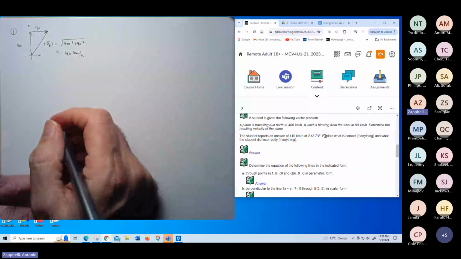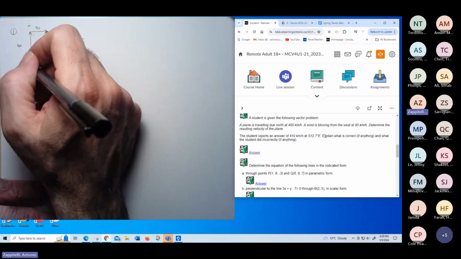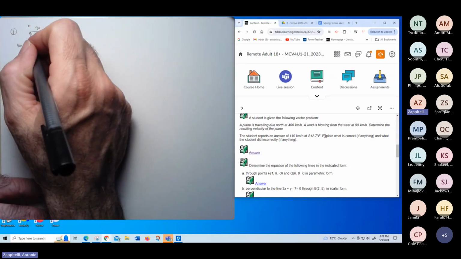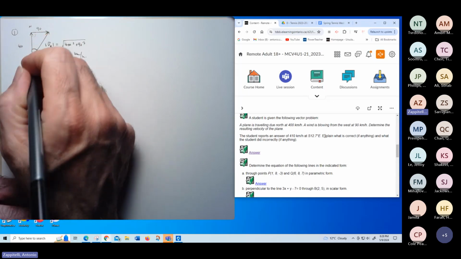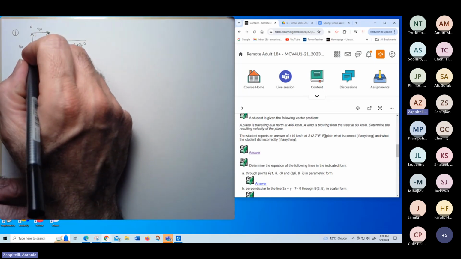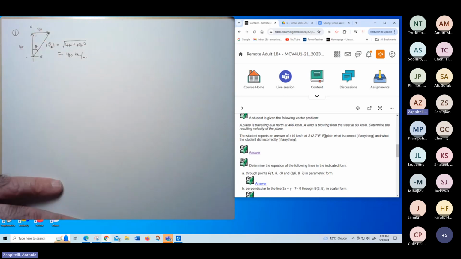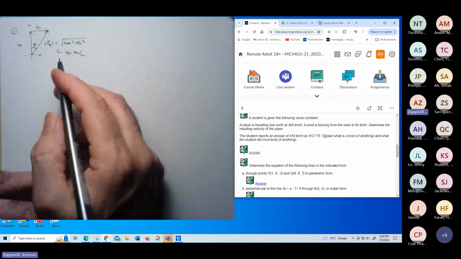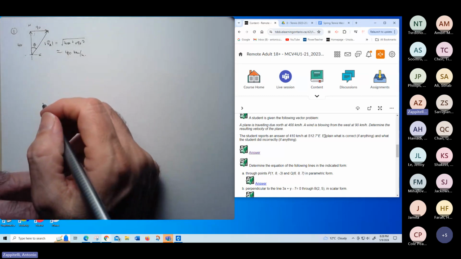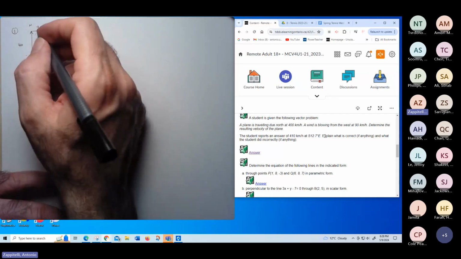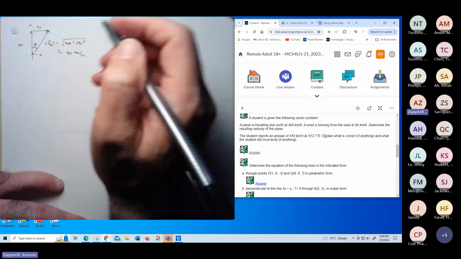Now, of course, in order to give this vector, you also need a direction. Since this angle here is going towards the north and then towards the east, I can just find this angle here to describe the direction. Here I might as well use 90 and 400. I'll use tangent.